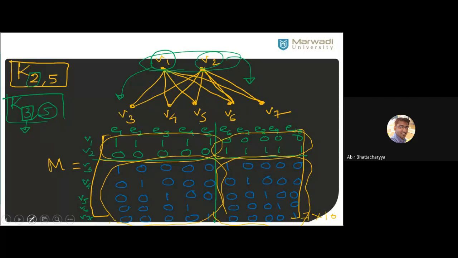Let me clear everything. I will create another screen. K46 means 10 rows and 24 columns.